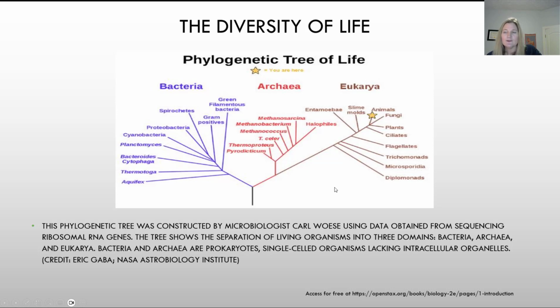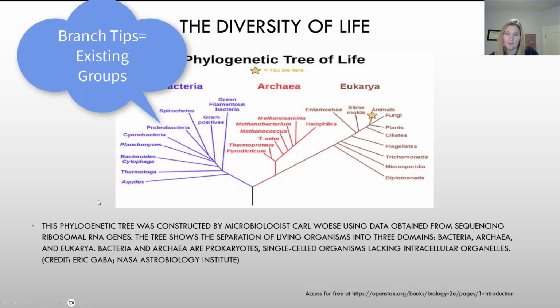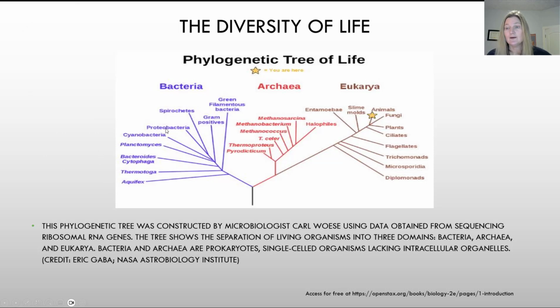So when you're reading one of these phylogenetic trees, you can see the outside parts of the tree contain, in most cases, the existing species on Earth, or the existing categories. So for example, if you look over on this area, you see animals, fungi, plants. Those might stick out to you as something that you recognize. Okay, so these are existing, living things.